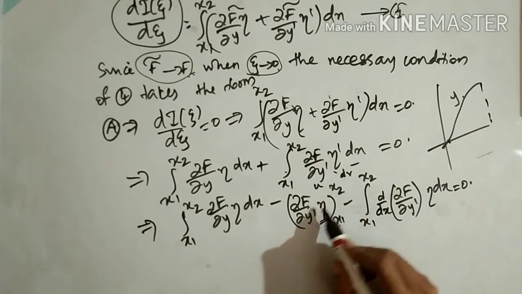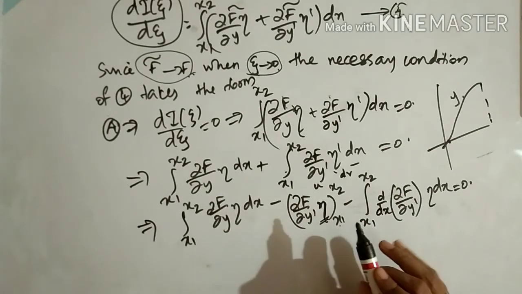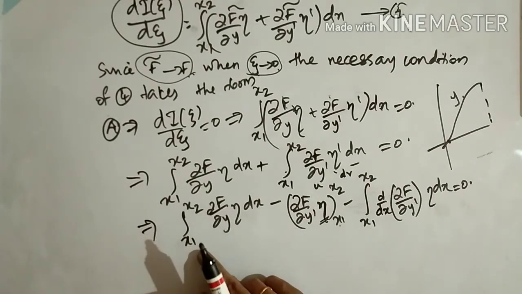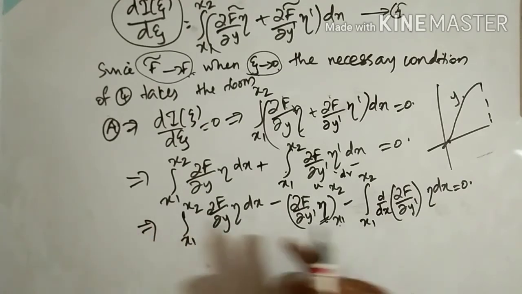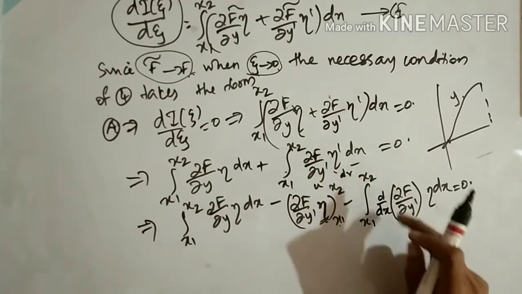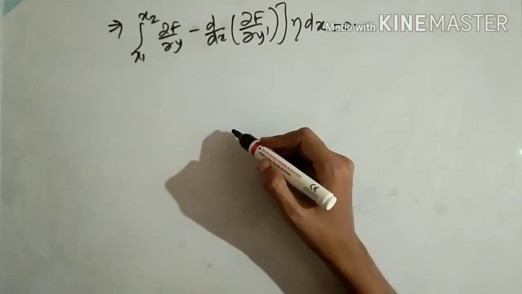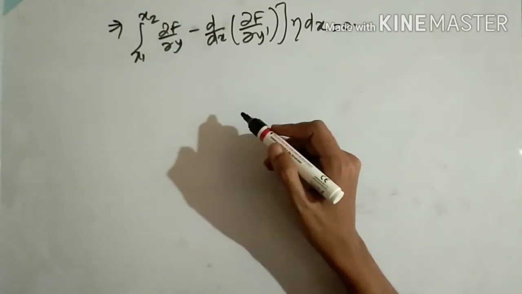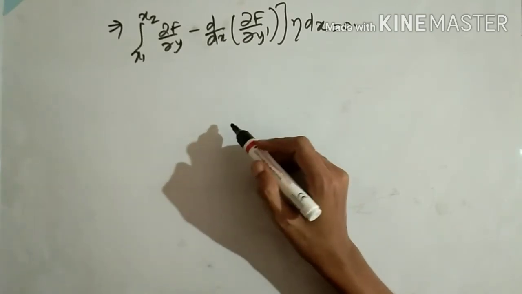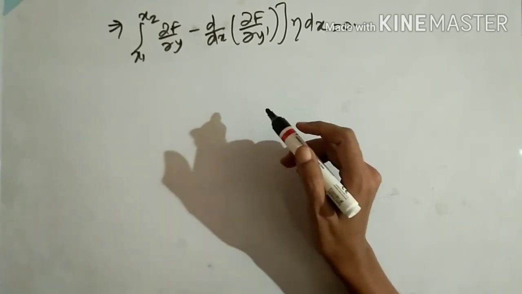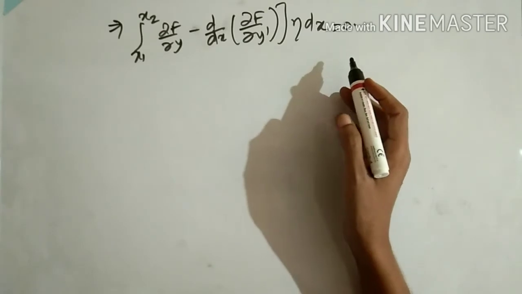So at these two end points η will be considered as 0. So the remaining will be integral x1 to x2 this value minus integral x1 to x2 this is equal to 0. So from the last we got integral x1 to x2 of ∂f by ∂y minus d by dx of ∂f by ∂y' times η dx is equal to 0.